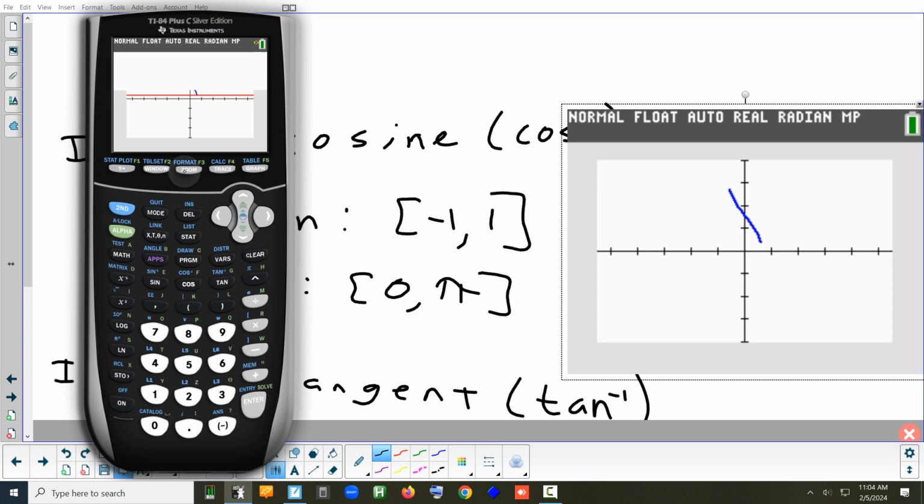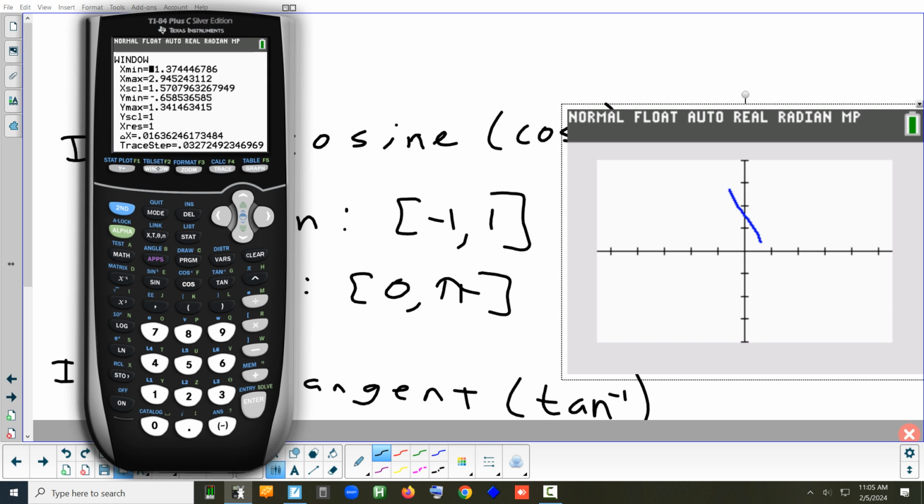Now let me zoom in right near the red line. See what I mean? So it does go below that red line. And I could keep zooming in more and more, and eventually it would look like it stops, because it's getting too steep to draw.